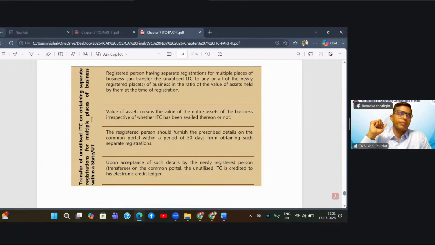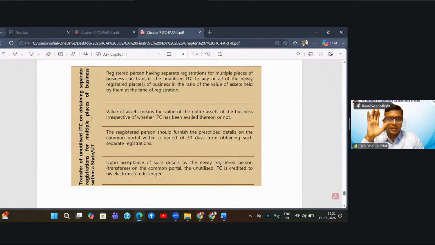I want now separate GST numbers. Now in this case, what will happen? Since all the branches were having one GST number, one return was being filed, so you had one credit ledger. So the ITC of all the branches was in one credit ledger. Please understand this. So all branches have one credit ledger because there was one registration.